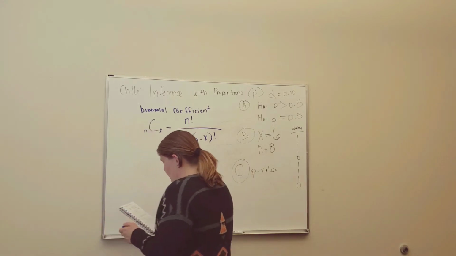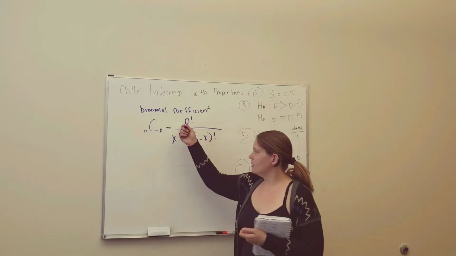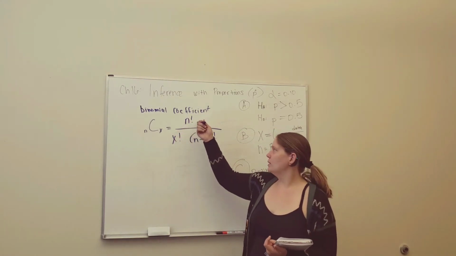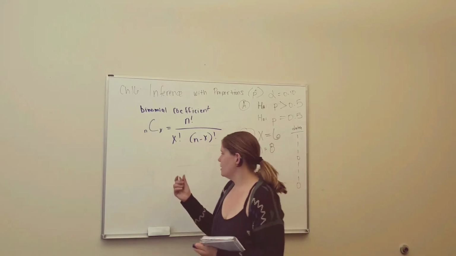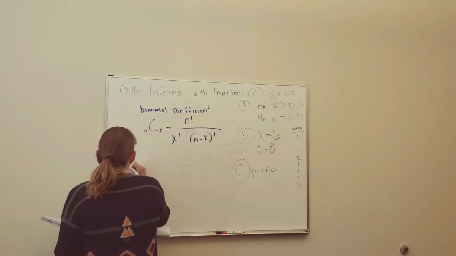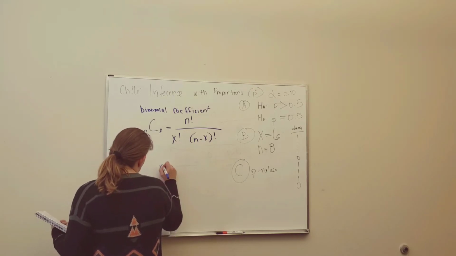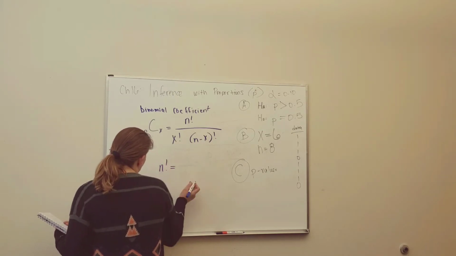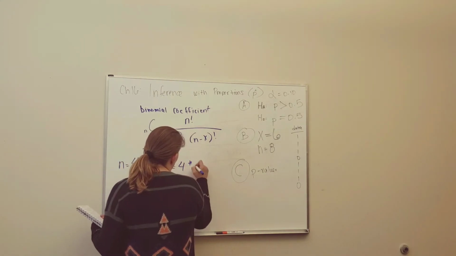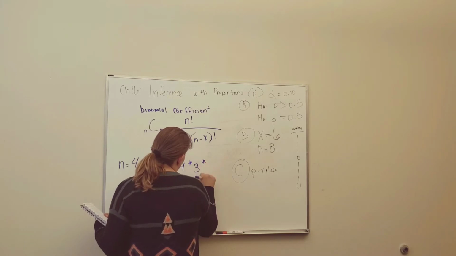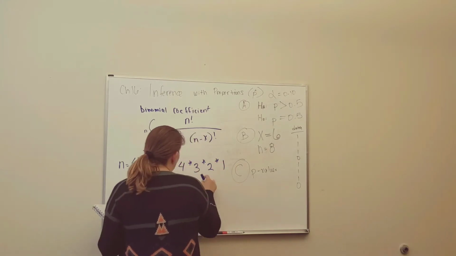And factorials are just a really fancy way of taking the original number and multiplying it by 1 less, multiplying it by 1 less, multiplying it by 1 less. So what does that mean? Let's say our n equals 4. n exclamation mark would equal 4 times 3 times 2 times 1, all the way down to 1.